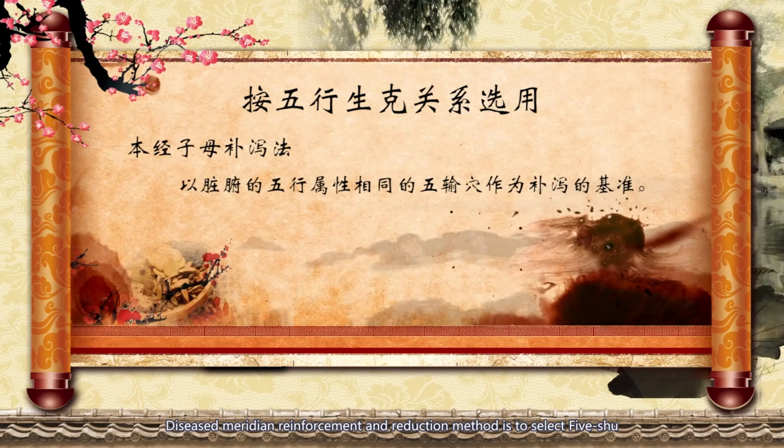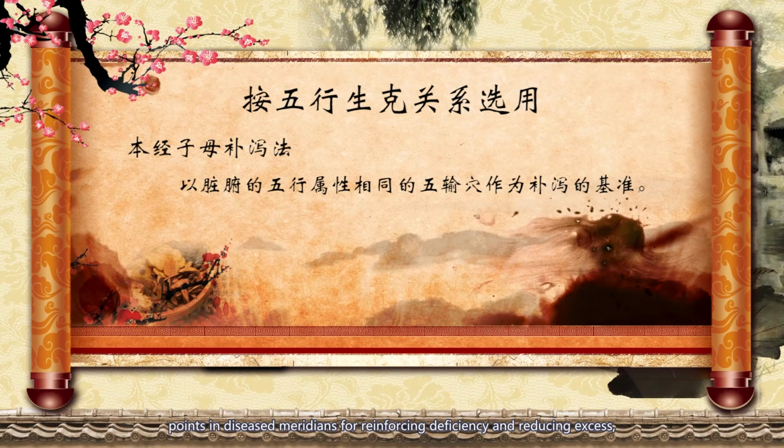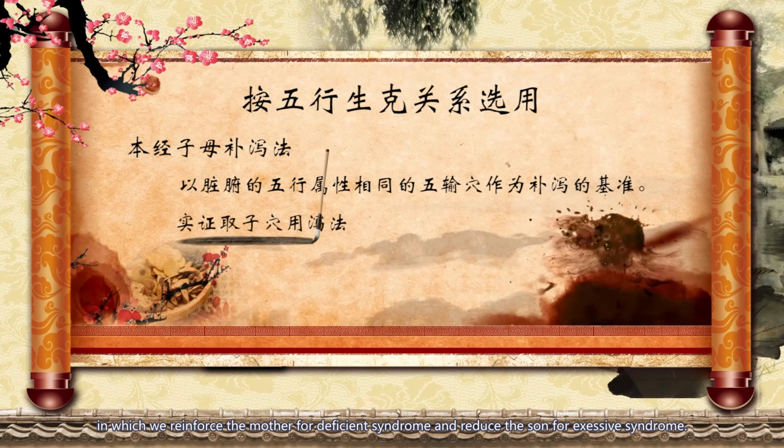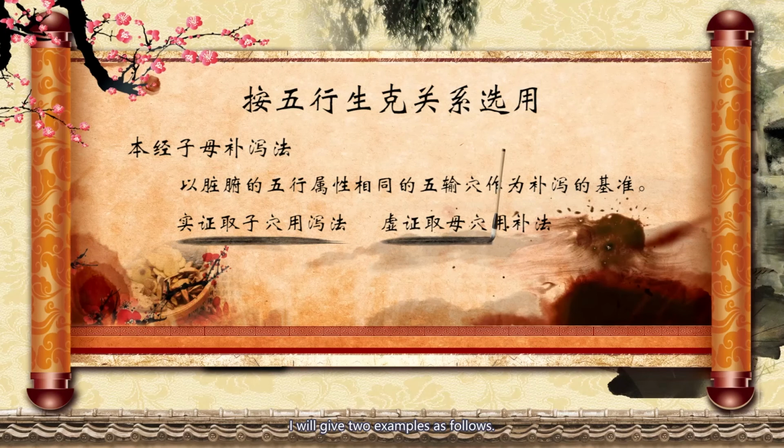The diseased meridian reinforcement and reduction method is to select 5 Shu points in diseased meridians for reinforcing deficiency and reducing excess, in which we reinforce the mother for deficiency syndrome and reduce the son for excessive syndrome. I will give 2 examples as follows.